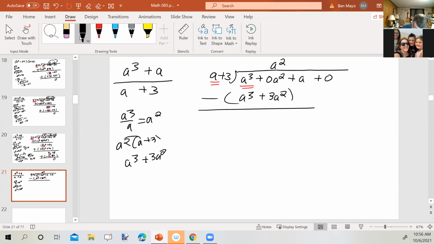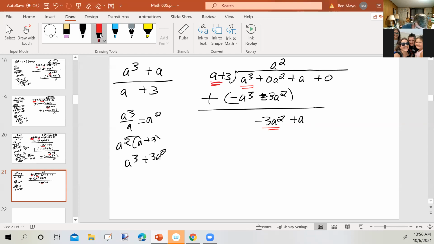Subtract that quantity from what's up above, change it to addition of the opposite. A cubed plus negative a cubed is 0. 0a squared plus negative 3a squared is negative 3a squared. Bring down the next term. So far, so good?